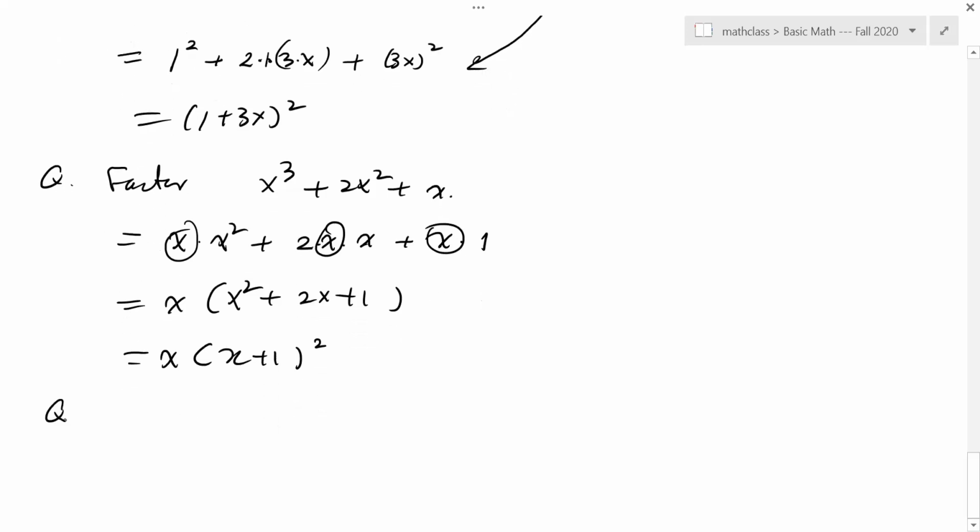Okay, let's try another one. Factor x squared plus 10x plus 25.